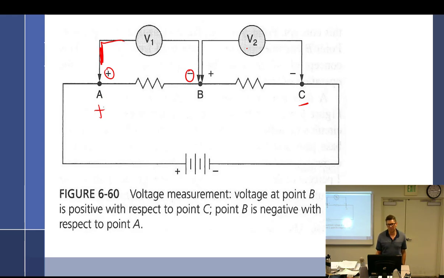But if we turn it around, I want to measure the voltage of resistor 2, then this suddenly becomes the positive. So wait a minute, a minute ago it was the negative, now it's the positive. So C is an absolute negative, A is an absolute positive, but point B is less positive, or less positive if it's 1, more positive if it's 2.